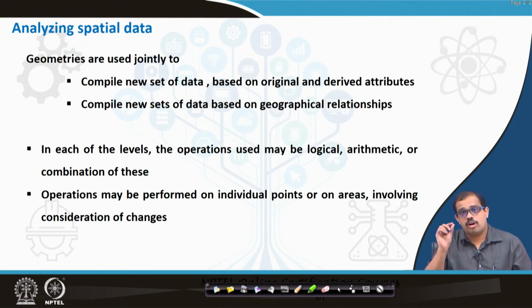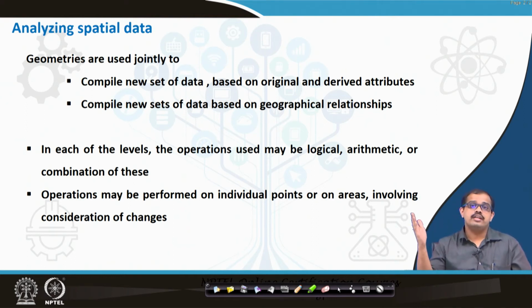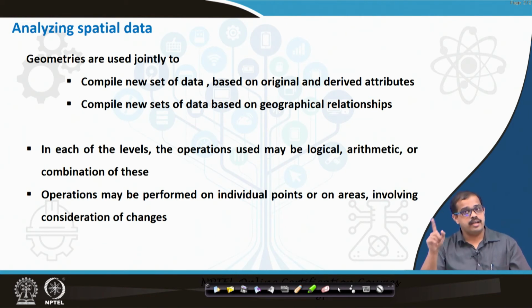Geometries are used jointly to compile a new set of data based on original or derived attributes. Geometry can also be original. Compile a new set of data based on geographical relationship. Please understand this. I am speaking about both relationships and attributes. So, geometries can be used to compile or create both attributes, and a new set of data based on geographic location. So, geometry forms a very basic part of processing of your data.